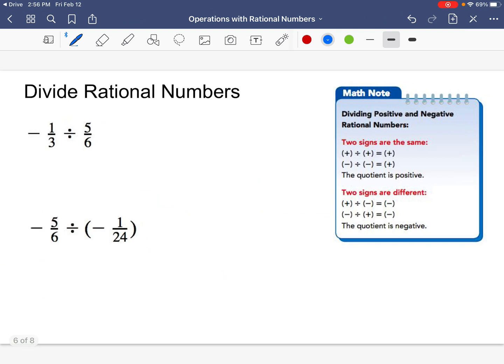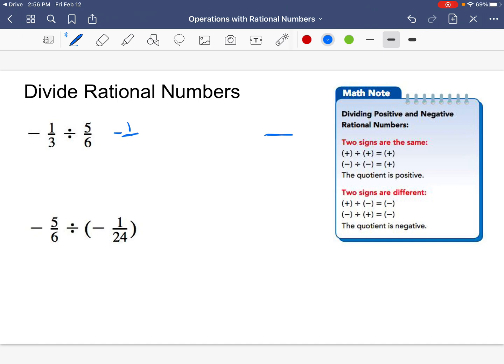Similarly with dividing rational numbers, if I divide and the divisor and the dividend have two different signs, then my quotient is going to be negative. So in the first example here, we've got negative 1/3 divided by positive 5/6. So it's going to be negative. And I'll do the math.